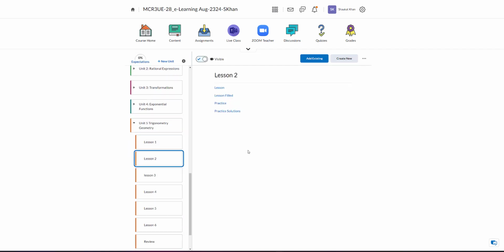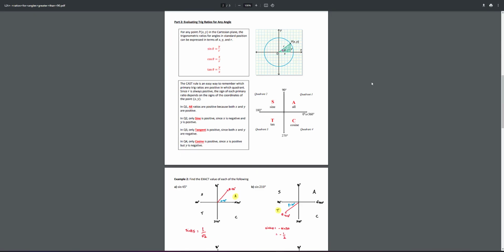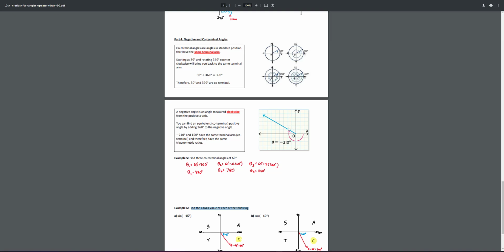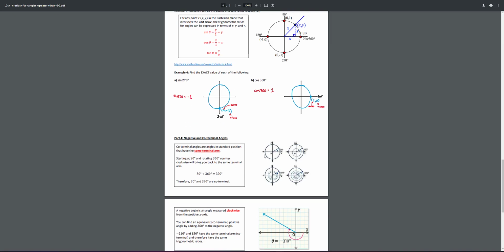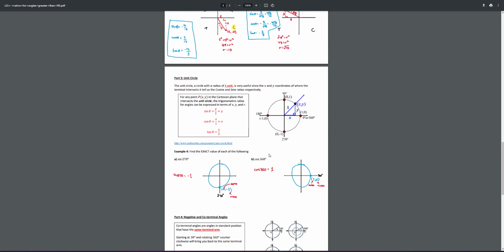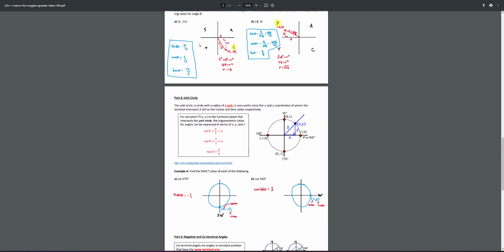Yesterday we did lesson 2, I think it was. Yes, lesson 2. I think we actually finished all of lesson 2, right? Let me see. So I did that. I basically did this. No, I didn't do this though. This is the only thing I didn't do. Okay, let's do this.